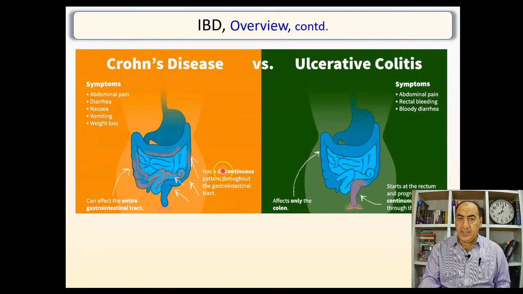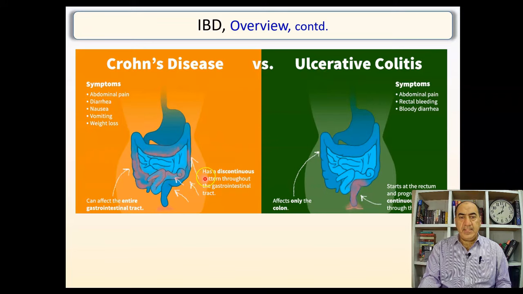Here it is discontinuous in Crohn's, but here it goes continuously, as you will see later. It affects only the colon. If you forget, remember it's ulcerative colitis: colitis means inflammation in the colon, and ulcerative means formation of ulcers.